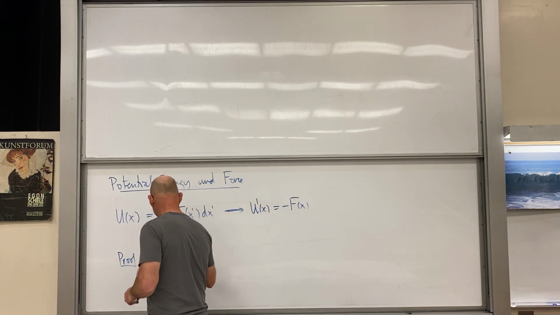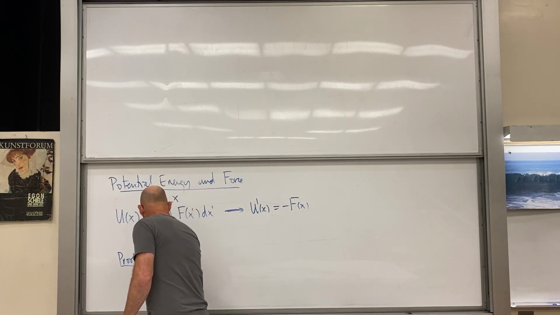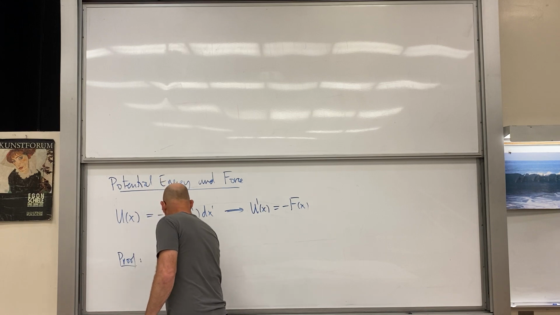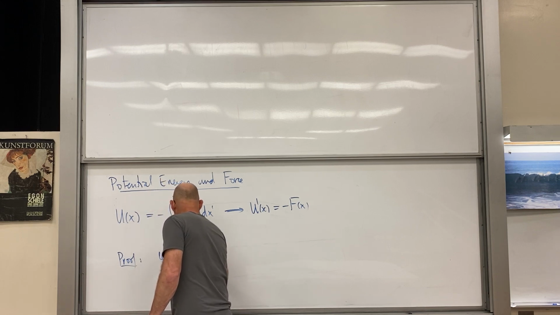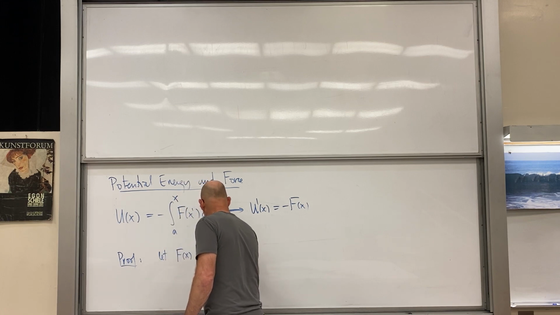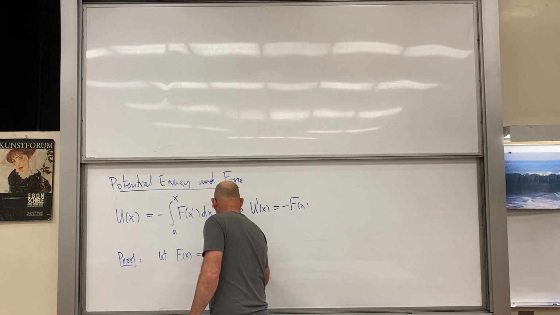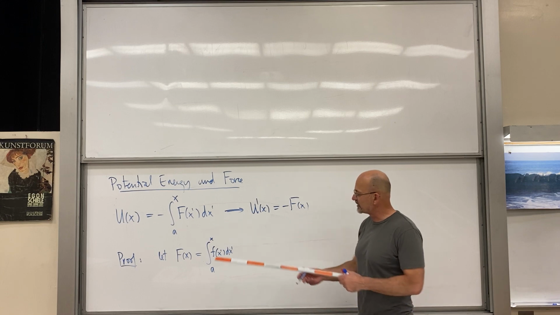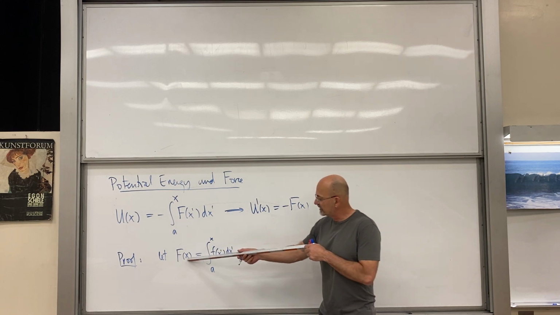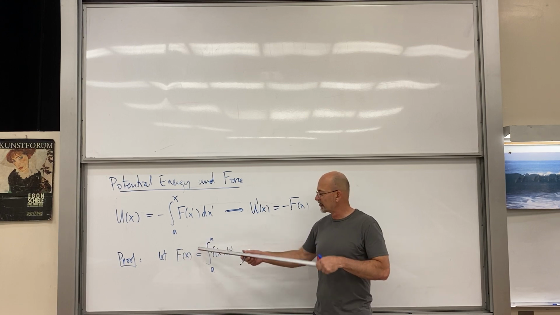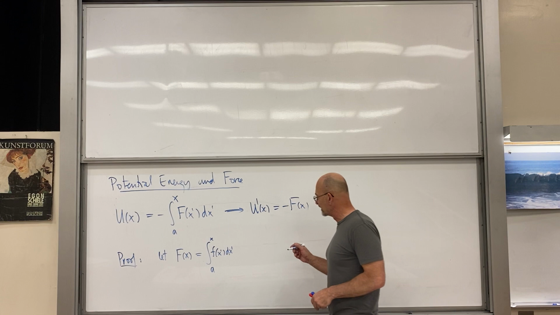So begin with, let f of x equal the integral f of x prime dx prime from a to x. And now we want to just, without the minus sign, but I'm just talking, so this is not that force, this is just a function and its antiderivative, okay? I just want to show you the proof of this again.